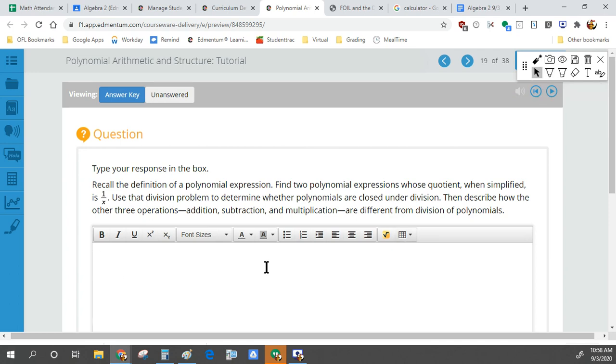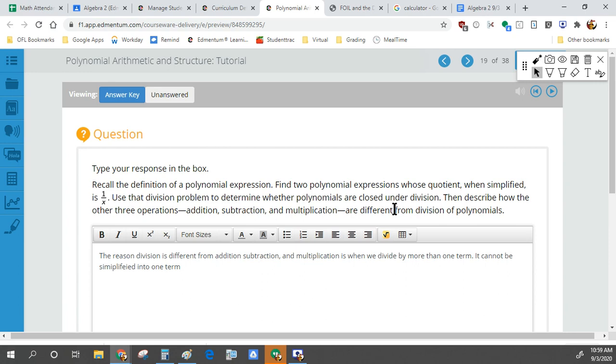So I would say the reason division is different from addition, subtraction, and multiplication is when we divide by more than one term, it cannot be simplified into one term.